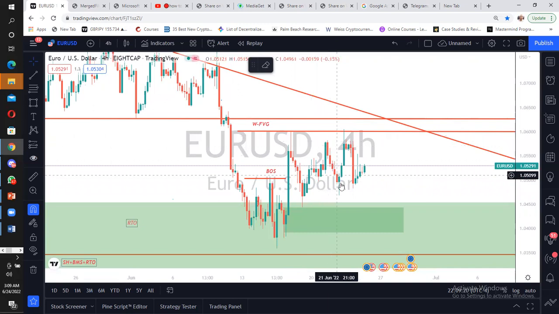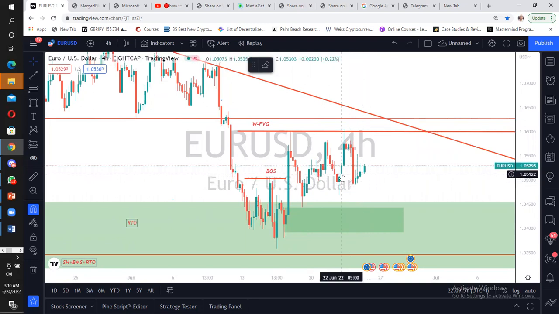Here, it came back, broke a structure here, up, then flushed back down to this other block here. Up, took away this liquidity and tapped into this FVG and sold down. Sold down.